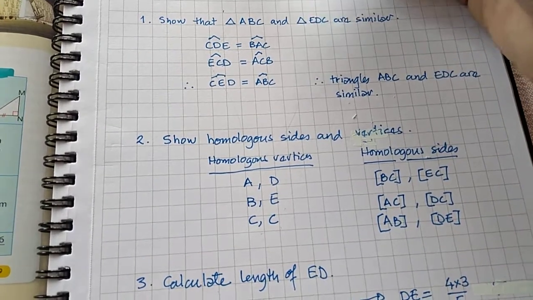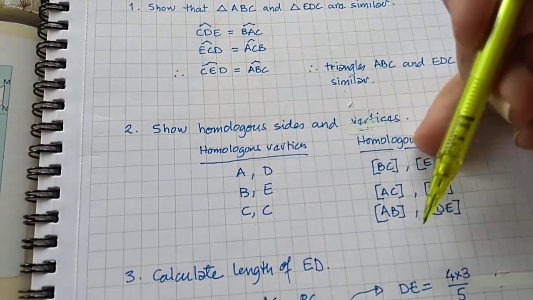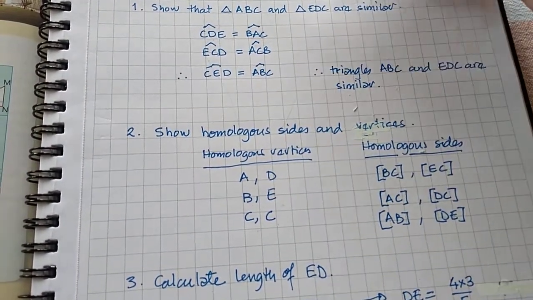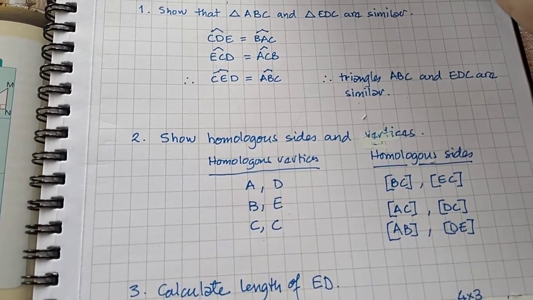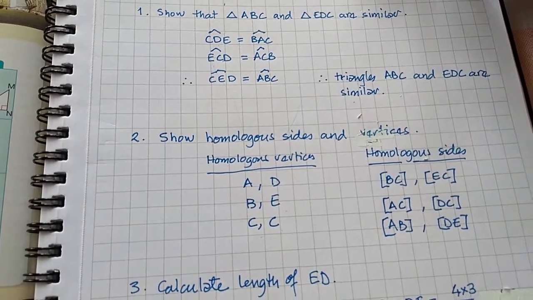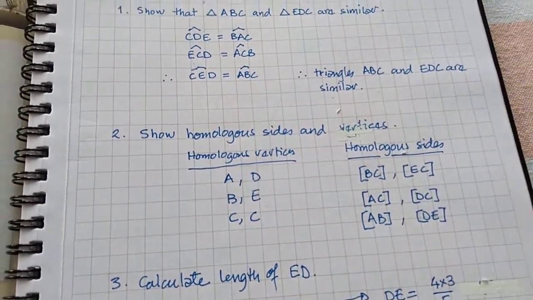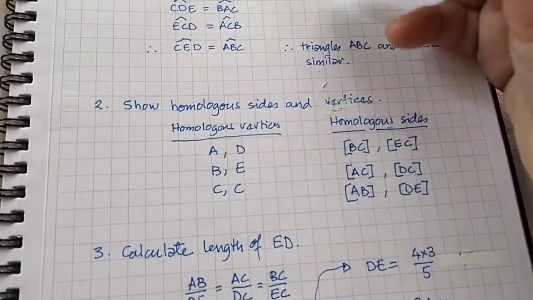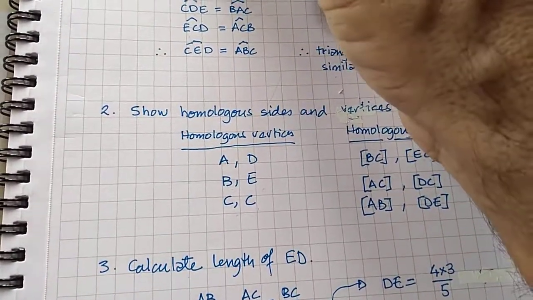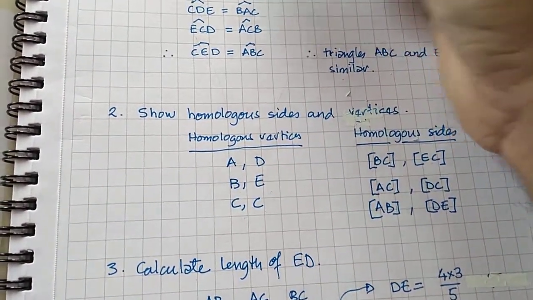Let's start again. The first line here, BC and EC are homologous. These are the longest sides of the triangle. BC is the longest side of this triangle. EC is the longest side of that triangle. So they are homologous.